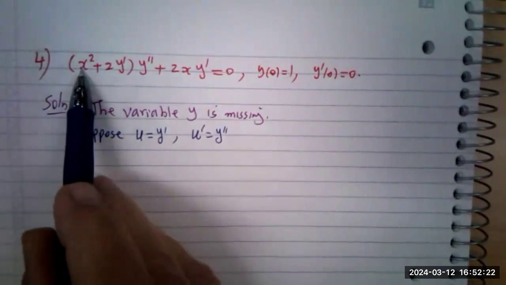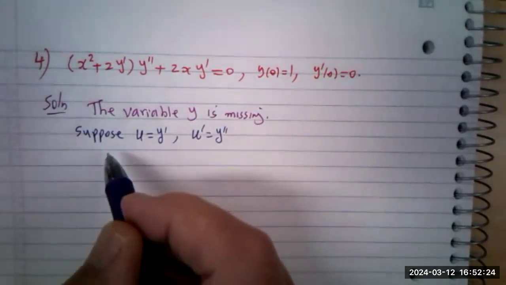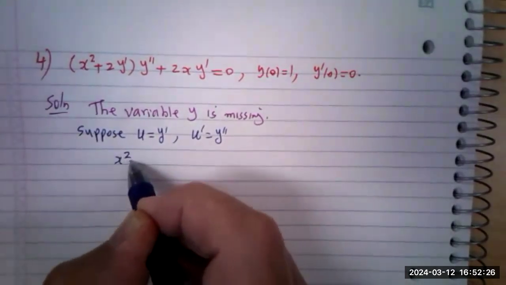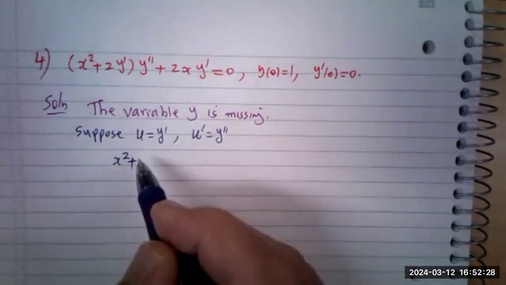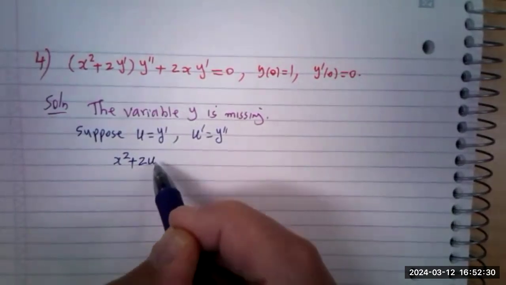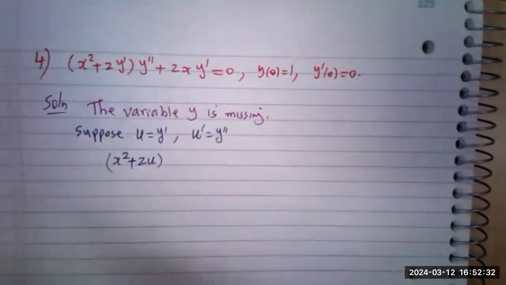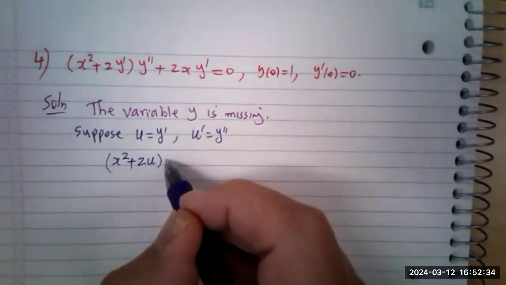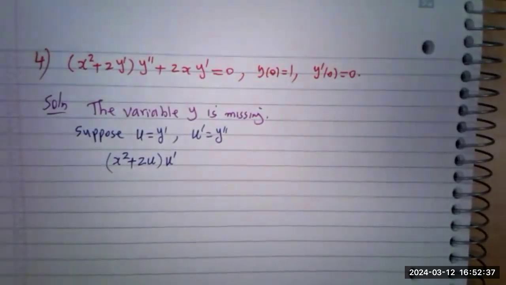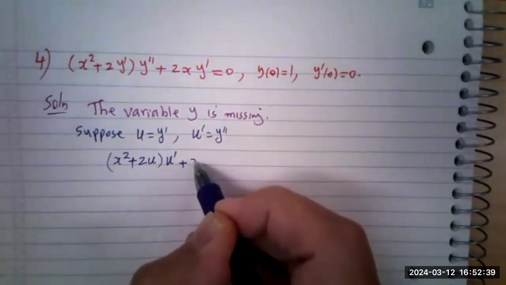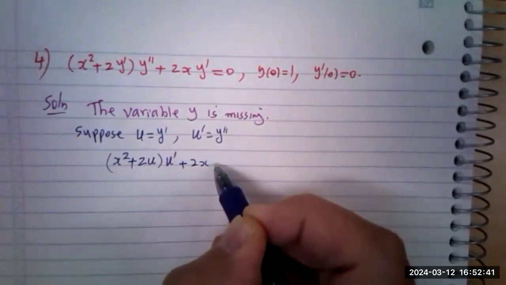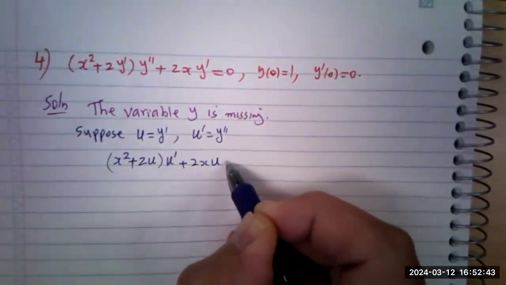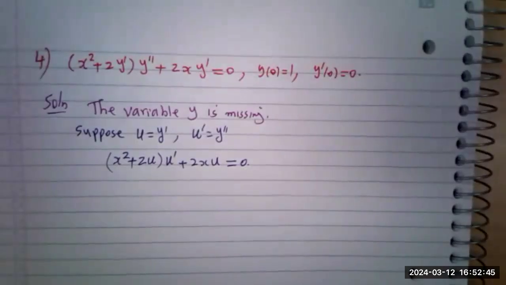If you substitute, that gives you x squared, plus 2y prime, which is 2u, and then the y double prime, which is u prime. We get x squared u prime plus 2xu equal to 0.